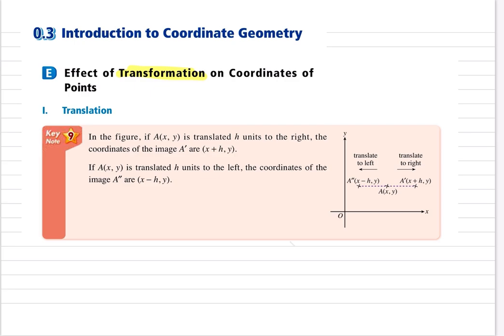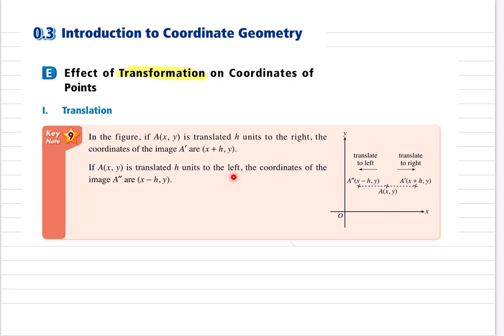Okay, next part is that we need to learn about transformation. If this is a coordinate of points, there are various types of transformation, including translation, reflection, and rotation. For translation, that means it moves to the left, to the right, upward, or downwards. Say it is to the right, that means for this point, the x coordinate plus a certain value here.